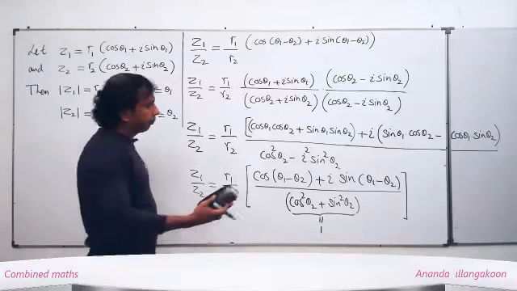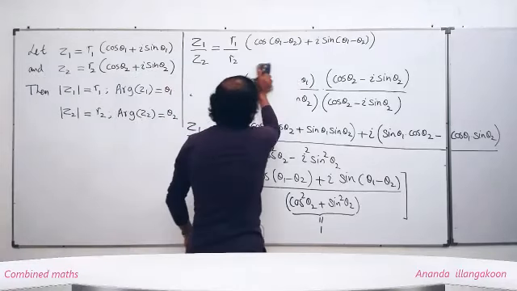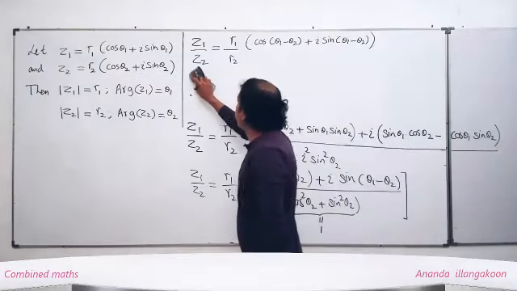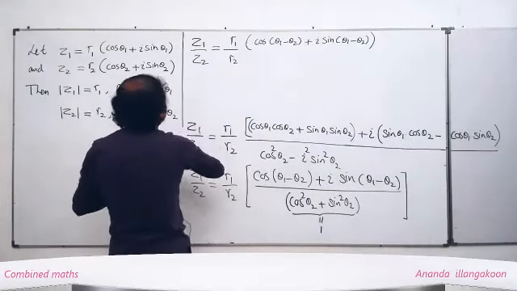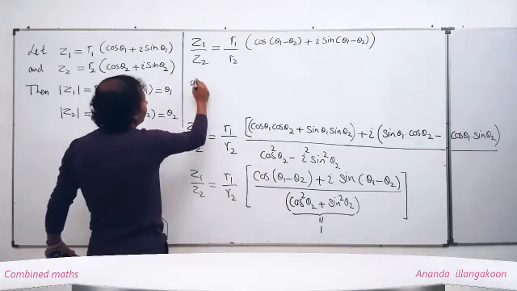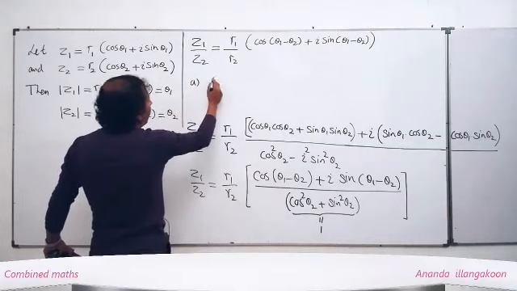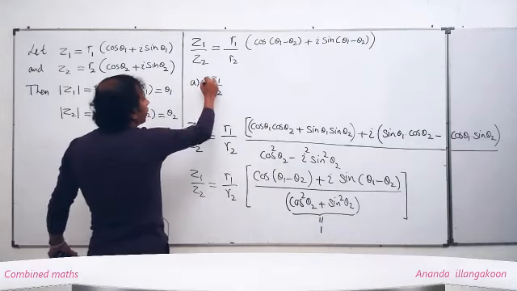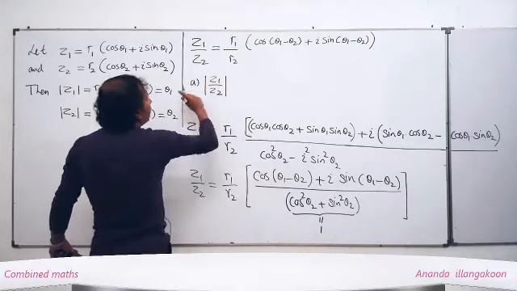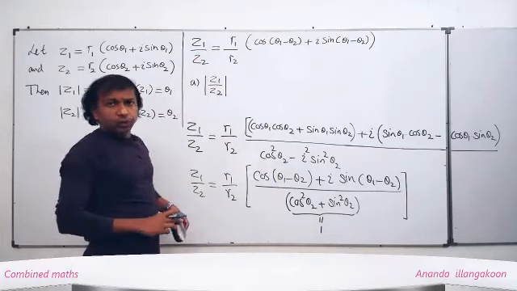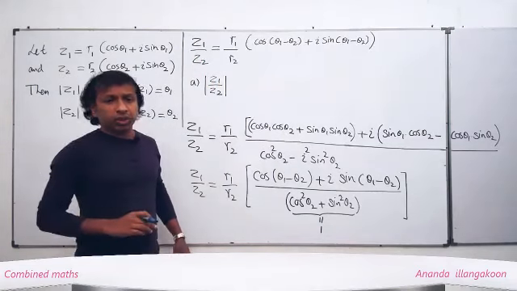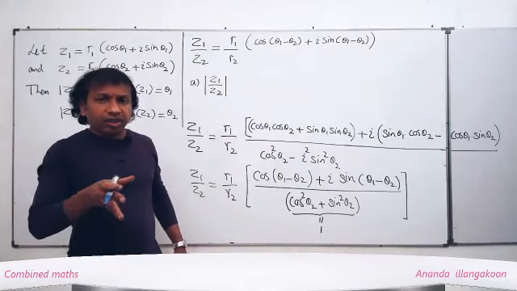Right now, by this, see what are the results we get. A. Z1 divided by Z2, its modulus. The left-hand side, people, Z1 divided by Z2 is a complex number, because at the very beginning we proved that when we divide any two complex numbers, the result is another complex number.